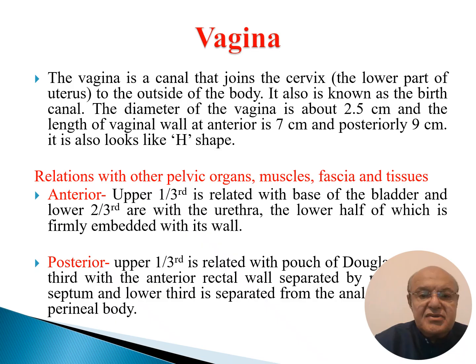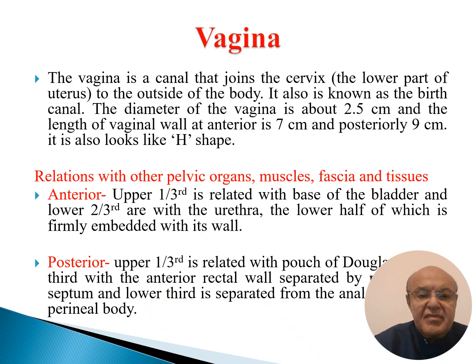The posterior upper third is related to the pouch of Douglas, a peritoneal pouch between the rectum and the uterus.